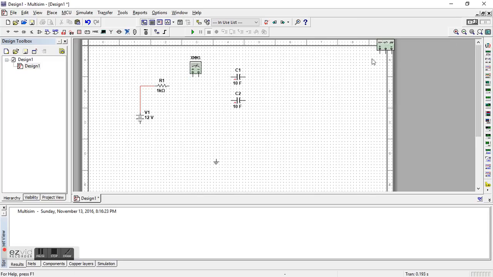And then we'll again put multimeters as ammeters and voltmeters in the circuit. We'll put the first ammeter and connect it in series before the capacitors.